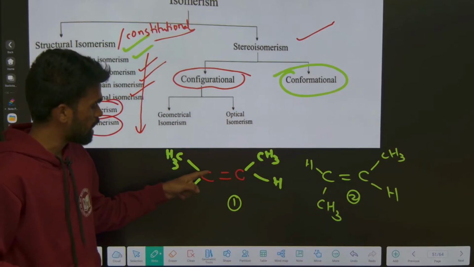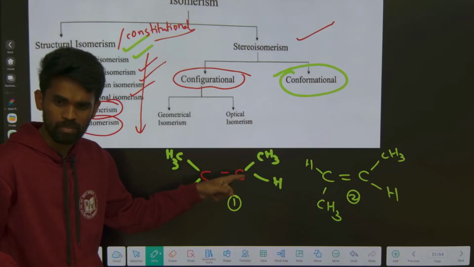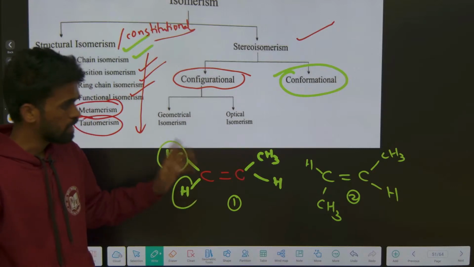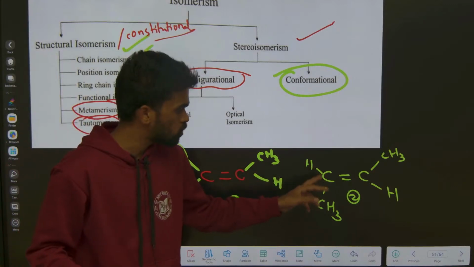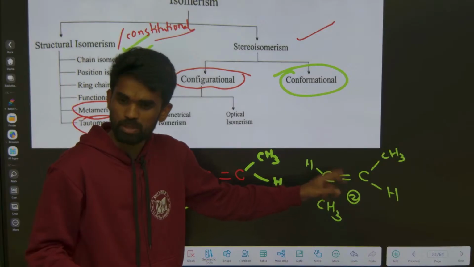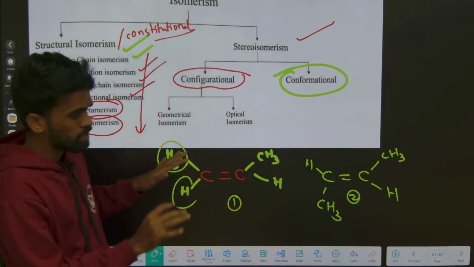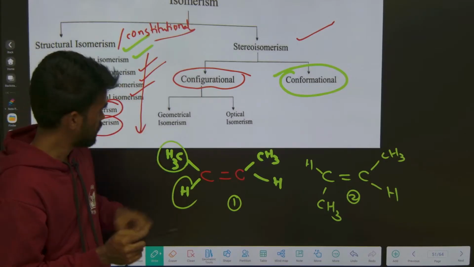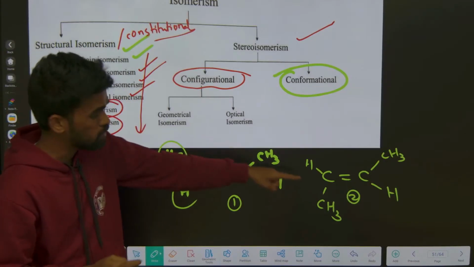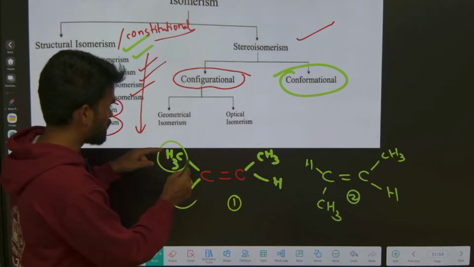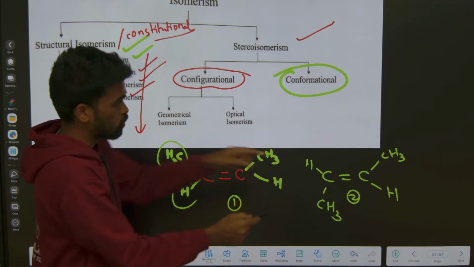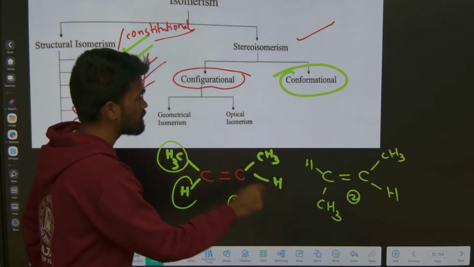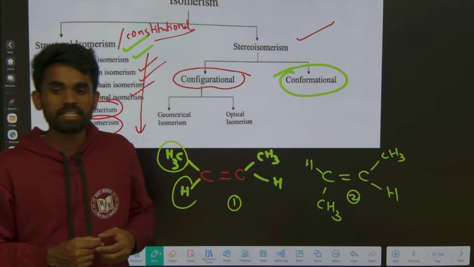This carbon is attached to another double-bonded sp2 carbon, and on this side there is a methyl group and hydrogen. The same story is here also: hydrogen and a methyl group attached to the sp2 hybridized carbon. Everything looks the same, but their spatial orientation differs. The methyl group is on the upper side here, and below here. It means two methyl groups are on the same side here, and on opposite sides here. So we can call these two geometrical isomers, or stereoisomers.